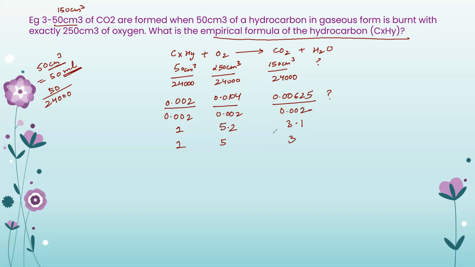So now you have 3 moles of carbon dioxide and 1 mole of hydrocarbon. So what would be the balanced equation? CxHy plus 5 O2 give rise to 3 CO2 plus this much of water.